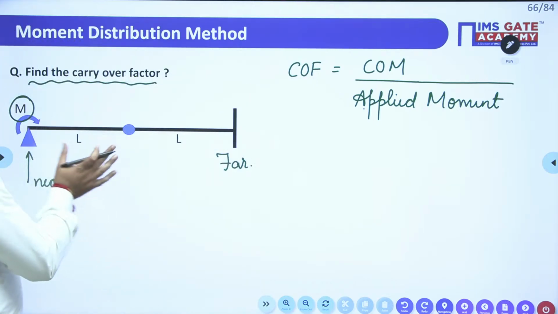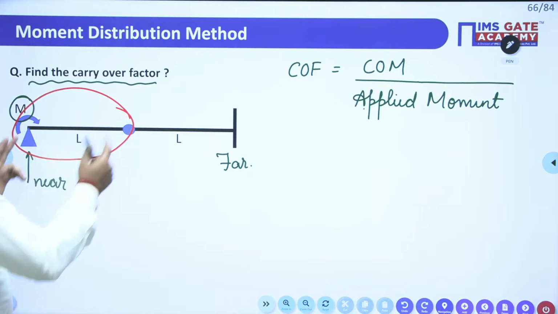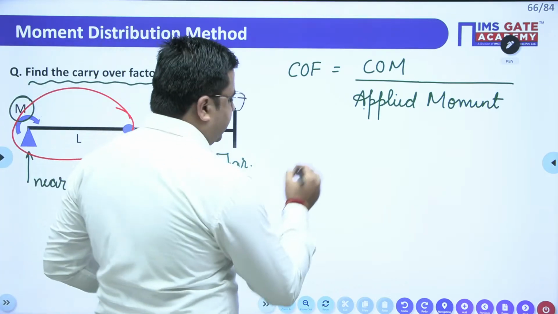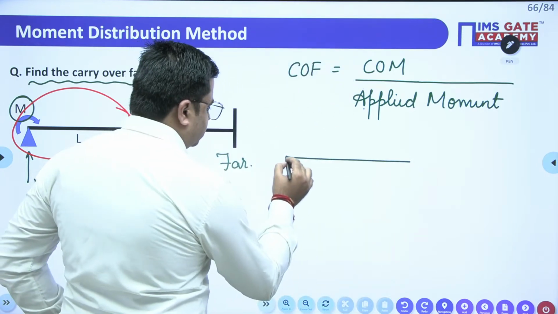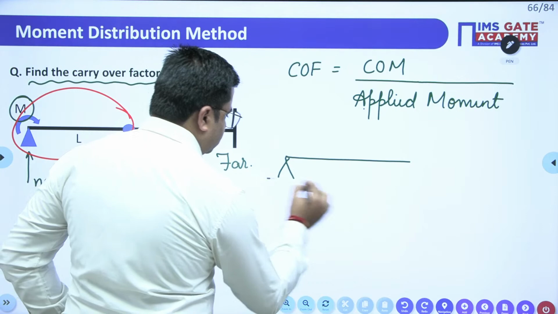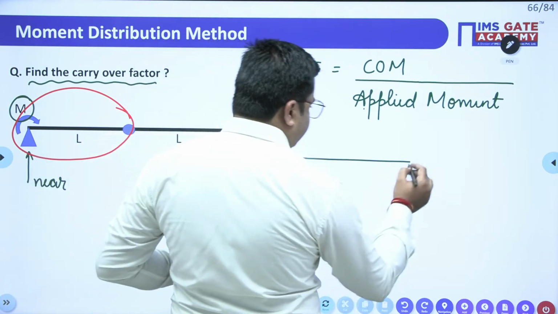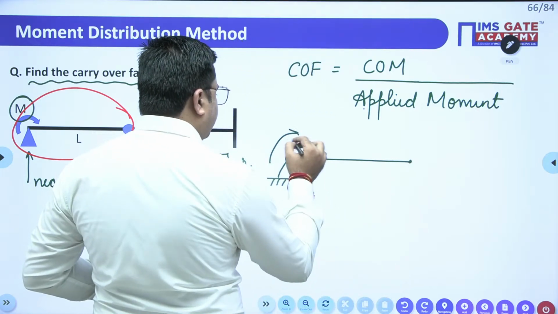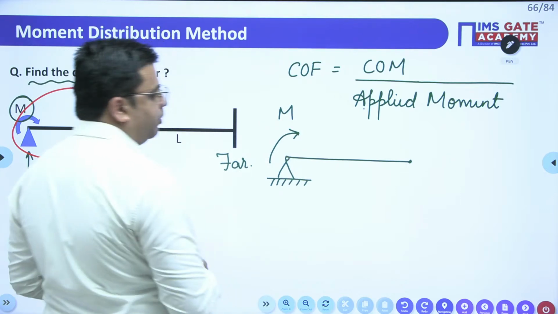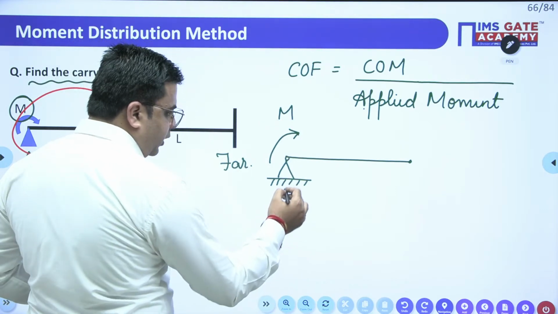Just take this side of the beam and draw the free body diagram. So here we have a hinge support, then we have a hinge here, and over here we have applied one moment m. In order to balance this moment m, a reaction of opposite direction.